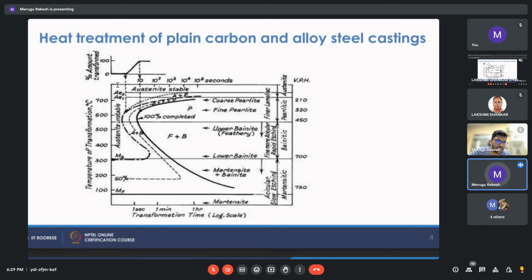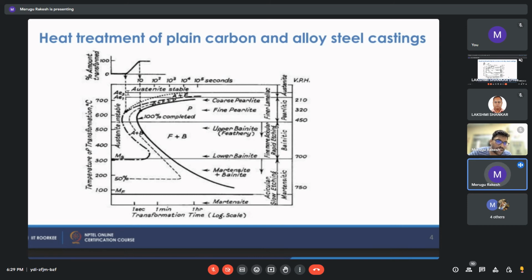If you cool directly without touching these C curves, we end up with a martensitic structure. If you touch the nose of the curve, the first point of this curve, you can see my cursor, and soak there itself, you will end up getting pearlitic or upper bainitic structures.